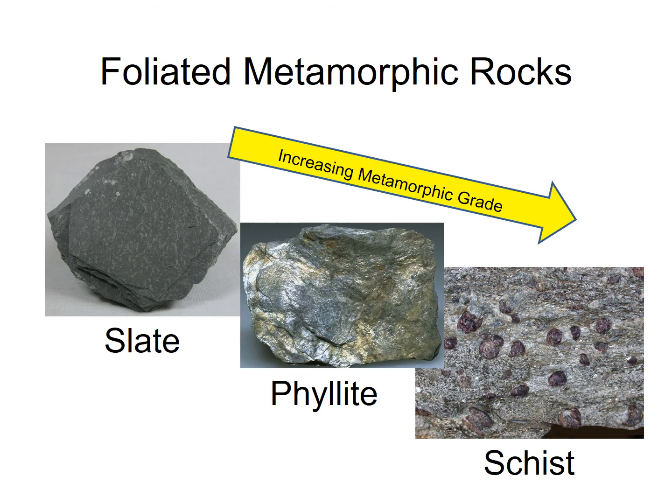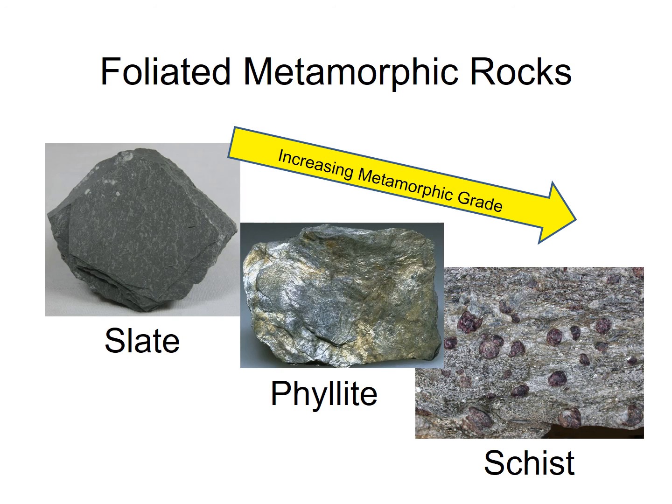There are foliated metamorphic rocks: slate, phyllite, schist and gneiss. You don't see gneiss here, but you will see that in the next slide. So slate, phyllite, schist and gneiss, they all are foliated. Slate is very similar to shale in color and texture, but it's stronger than shale. There are no minerals that you can identify in slate. It's a very primitive, very low grade stage of metamorphism.